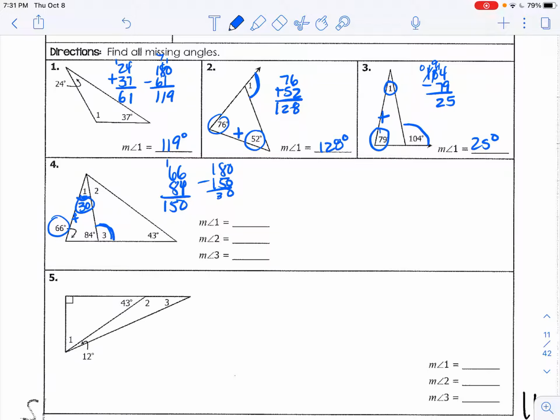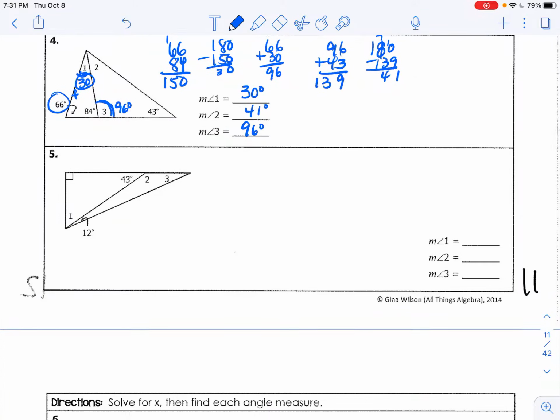This is the exterior angle theorem. So 66 and 30 make 96. So angle 3 is 96, and we've already found angle 1. All right, if we know that this guy's 96, 96 plus 43 make 139. And 180 minus 139, let's see, how about 41?